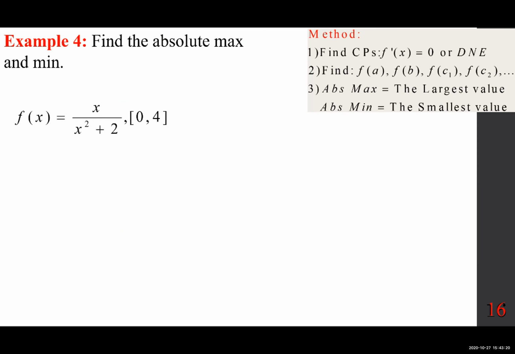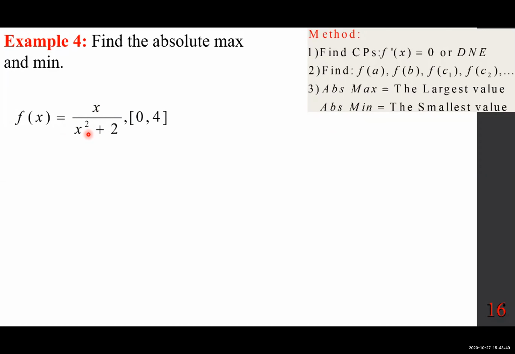We want to find the absolute max and min. Again, we go through the process, which requires first understanding the domain and range of this function. What type of function do we have here? I hope everybody can recognize this is a rational function. A rational function is a fractional function where the top and the bottom are both polynomials.